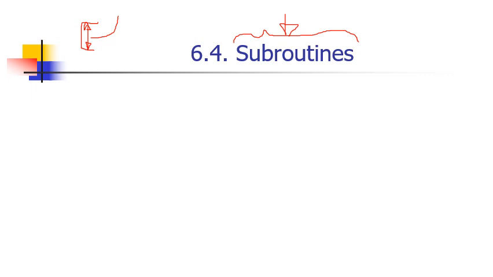Instead of writing the code at each place where you need to calculate cosine x, you may write it once and place it somewhere in your memory, call it a subroutine, and whenever you need to calculate cosine x, you go to this subroutine, calculate it, and bring into your program the value of cosine x.